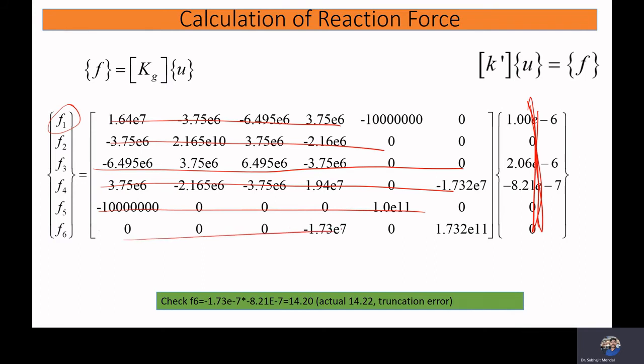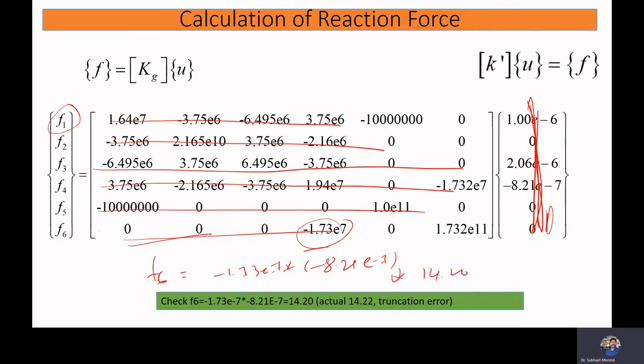This is very simple because this term was 0, and this term is also 0, so we can directly multiply it. If we multiply only for the sixth degree of freedom, F6, we obtain minus 1.73 e to the power minus 7 into minus 2.81 e to the power minus 7. If you do that, we get the value as 14.20.